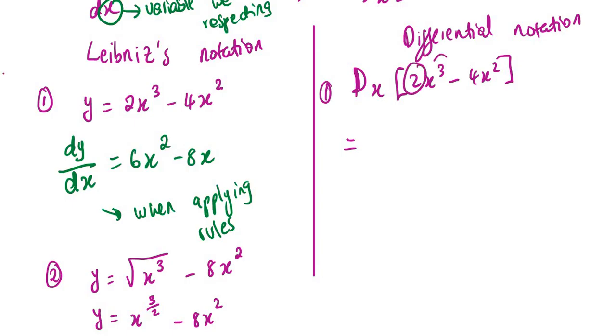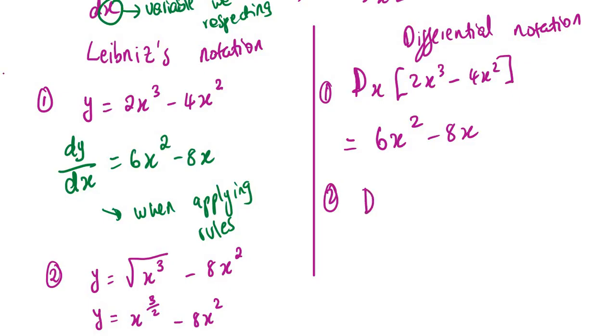Then you start: 2 times 3 is going to be 6, and then x, then 3 minus 1 is 2. Then negative 4 times 2 is what? Negative 8. Then 2 minus 1 is 1. You see, the only difference is that for the differential notation, you write the equal sign only when you're applying the rules. But the rest of the time, you write dy over dx or dk over dy, depending on the question.